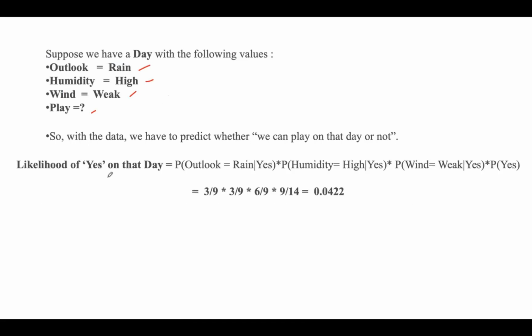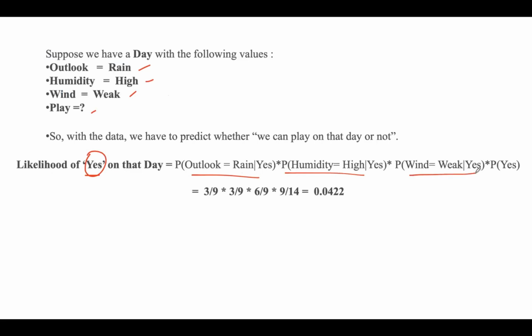For that, chances for playing, that is likelihood of yes on that day, equal to, calculate this. Probability of outlook equal to rain given yes, humidity equal to high given yes. So we are taking likelihood of yes, so all the values should be yes only.